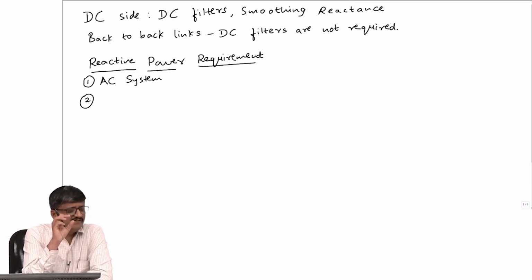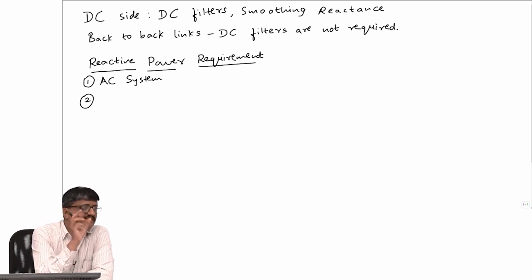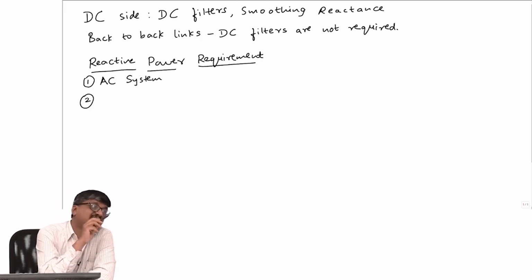See, we know that the value of inductor and capacitor is such that 1 by root LC is equal to some harmonic, whether it is the 11th harmonic, 13th, some harmonic which is higher than the fundamental. So, what is happening at fundamental is the question. Both should be equal at the harmonic frequency.